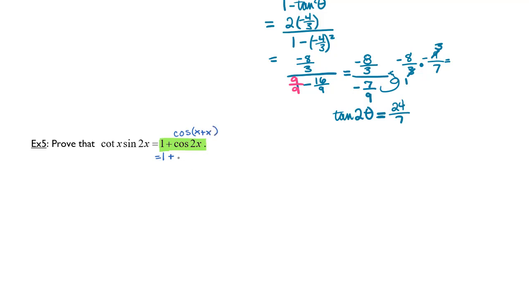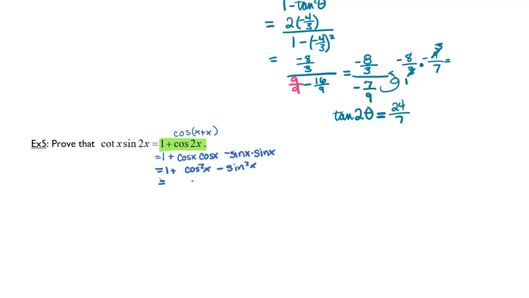And so I'm going to rewrite this as 1 plus cosine x times cosine x minus sine x times sine x. That means that I'll have 1 plus cosine squared x minus sine squared x.